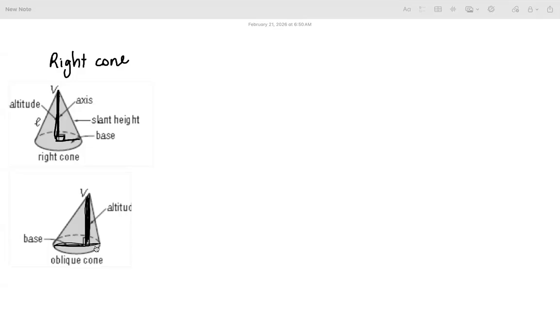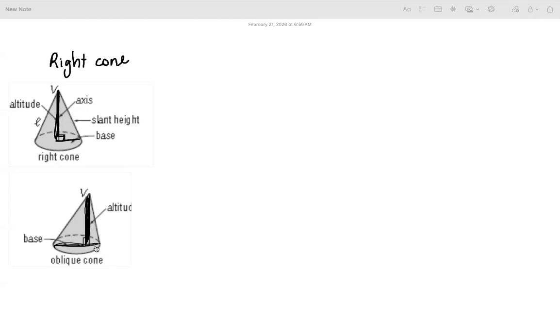How about this? One second, guys, I don't want to give you an easy one. Okay, how about this? I have a cone. This is an application problem with cones.